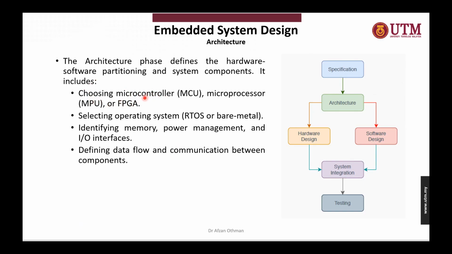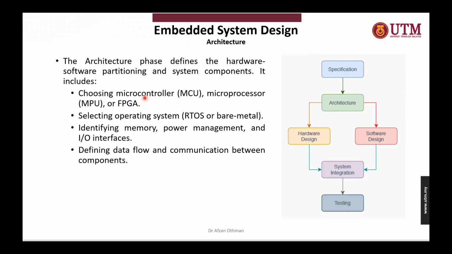A microcontroller unit means that all the components needed to make one complete computer system are already inside one single chip. What are the components needed to make a computer system?